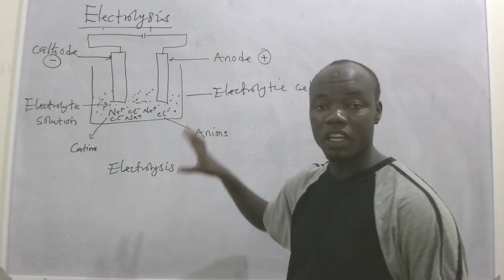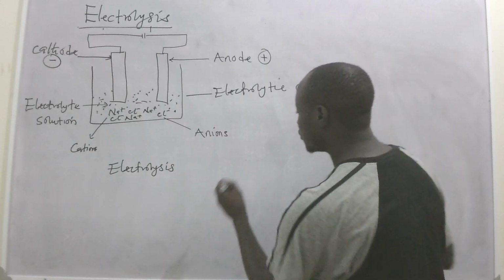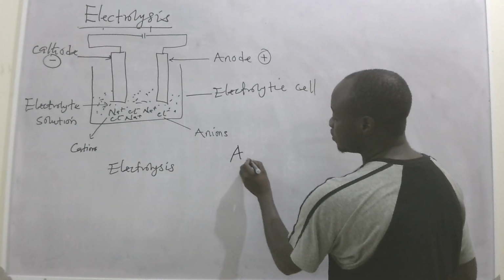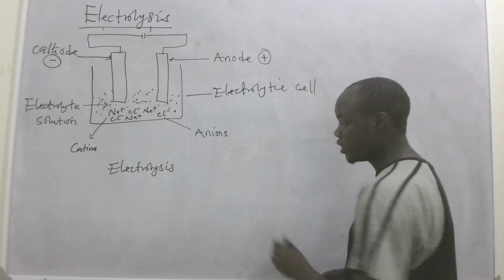During electrolysis, the positively charged ions, the cations, migrate toward the cathode. Let's look at exactly what happens at the cathode.